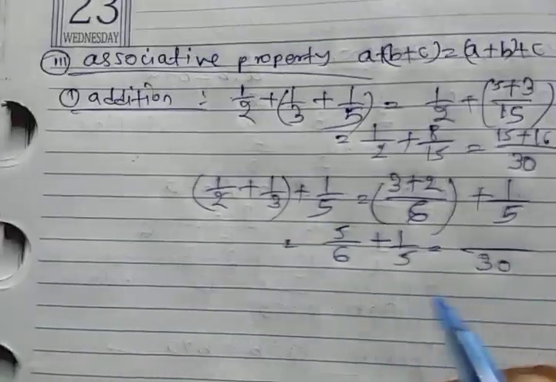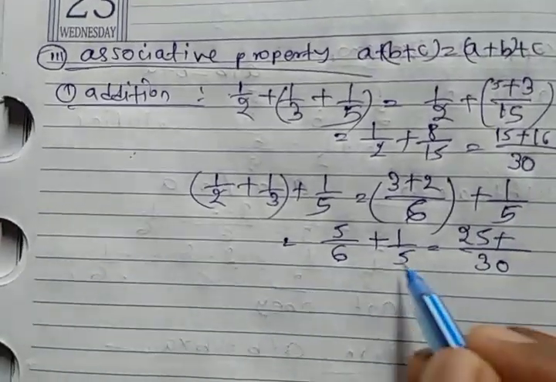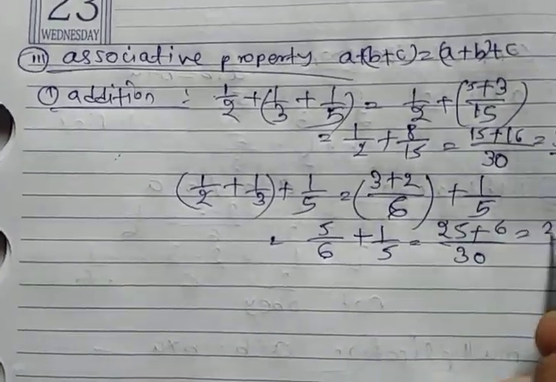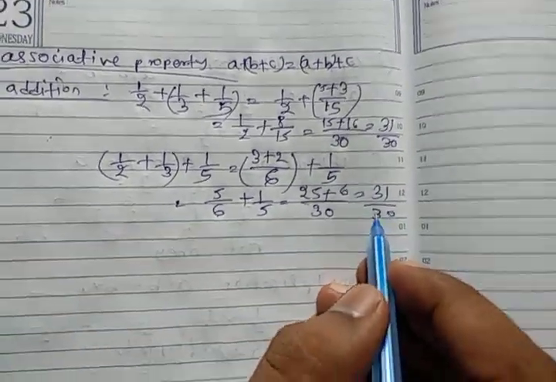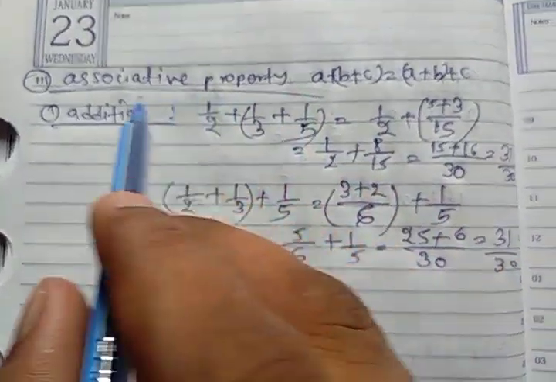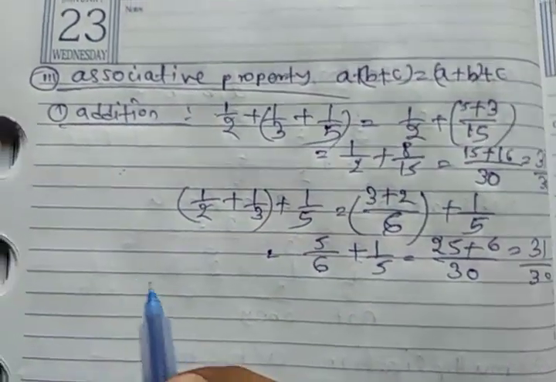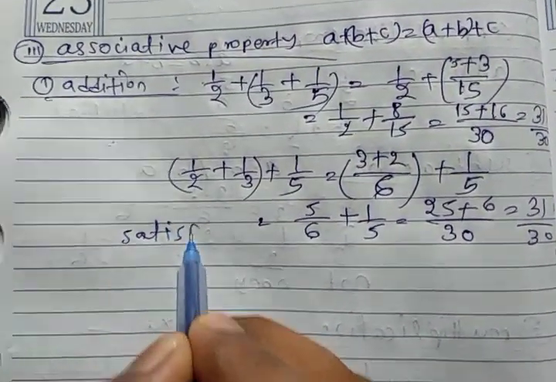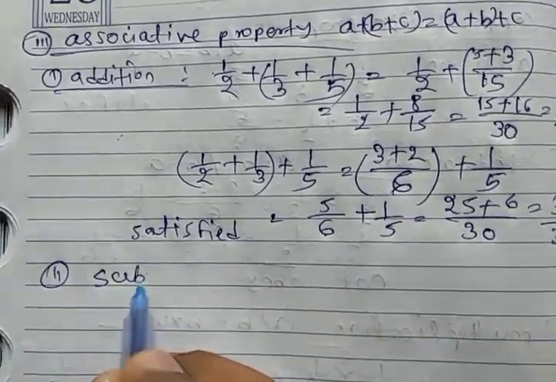LCM 30. 6 divided by 5 is 25 plus 5 divided by 6 is 6, giving 31 by 30. So these two results are the same, so it is satisfied. The rational numbers satisfy the associative property for addition. Satisfied or obey.